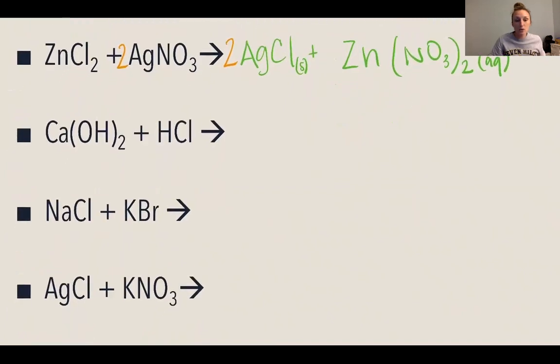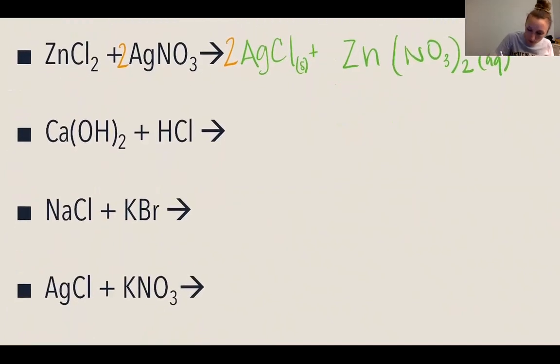Let's look at number 2 here. So I'm going to combine the inner, combine the outer. All right, this is interesting. So my inner one, I have hydrogen and hydroxide. What do you think is going to be made when I combine hydrogen and hydroxide?